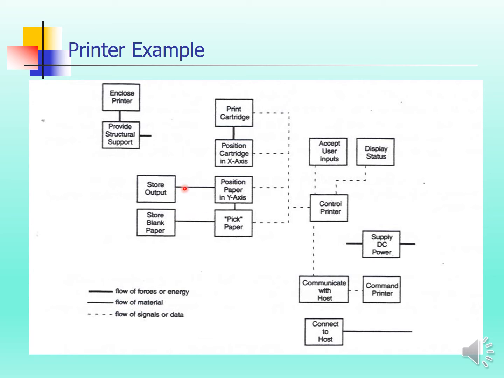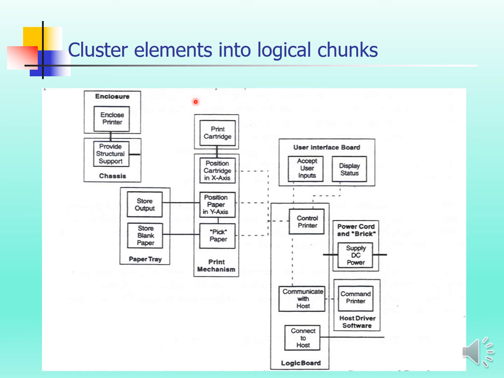This paper is going here, and the dotted line is the flow of signal or data. From this signal, data goes to the controller, the printer, and so on. This is how we cluster the elements. For example, the enclosure and printer structure use this enclosure and chassis, the output uses the paper tray, and then we have the printer cartridge, position cartridge, and position paper.